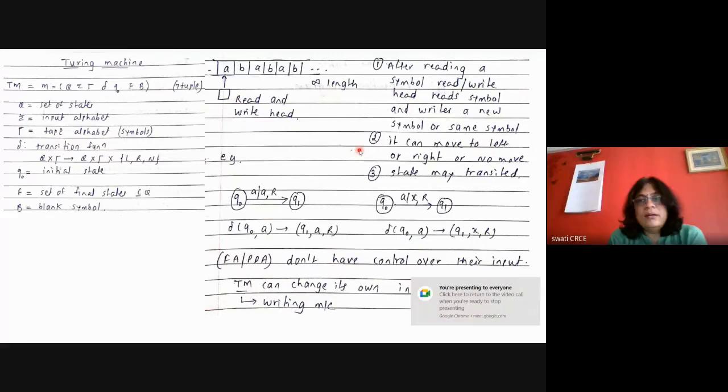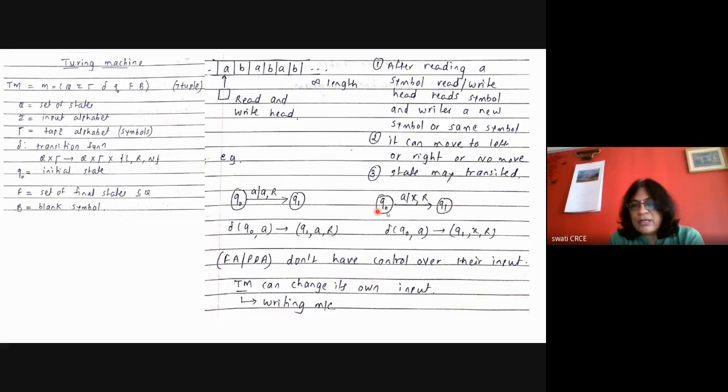Yes, ma'am. Okay. So now what I'm trying to say is that this is a notation that is to be used when we draw the transition diagram. Transition diagram shows the working or algorithm of the problem. Suppose you are replacing A with X, and if the machine is transited from Q0 to Q1, then we can draw the diagram like this: Q0 to Q1 there is a transition. There was a small a on the input tape and small a is replaced with small x.